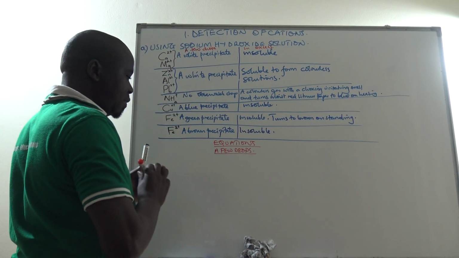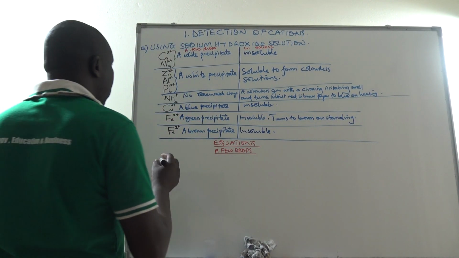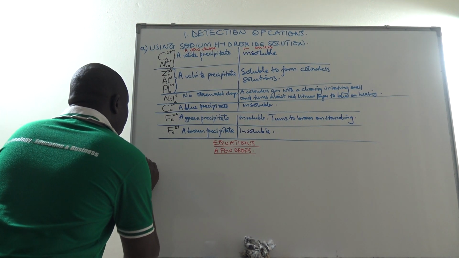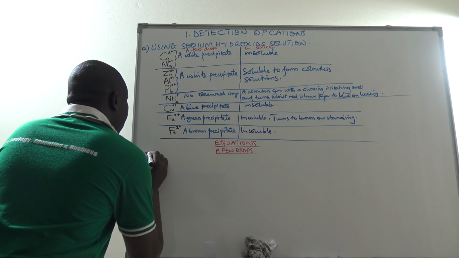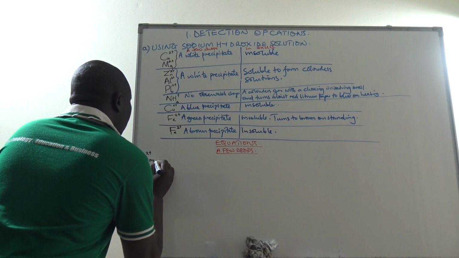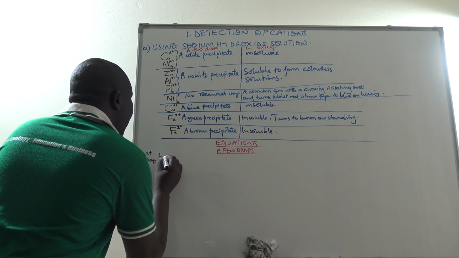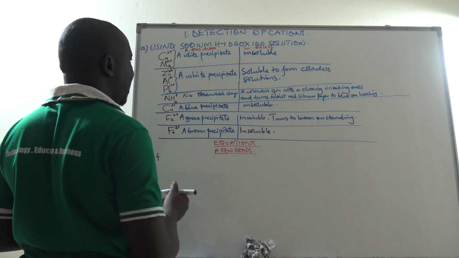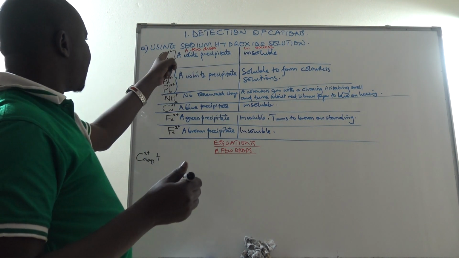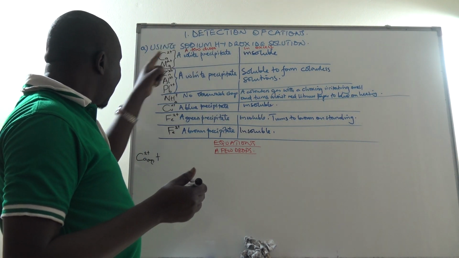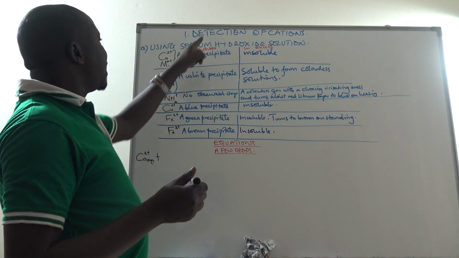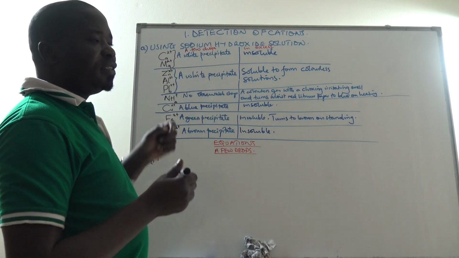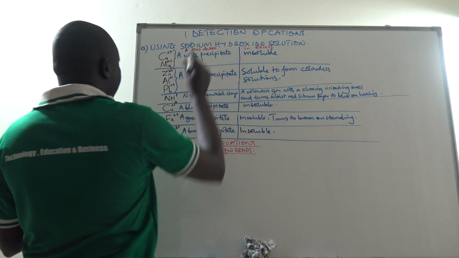For a few drops. So, calcium ion, we have to form for us the insoluble calcium hydroxide, the insoluble hydroxide of that particular cation. And where does the hydroxide ion come from? It comes from the sodium hydroxide solution, or it comes from the very reagent.